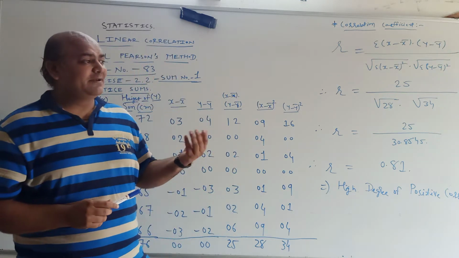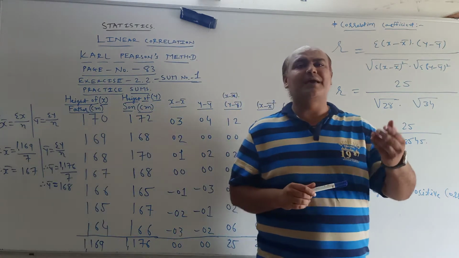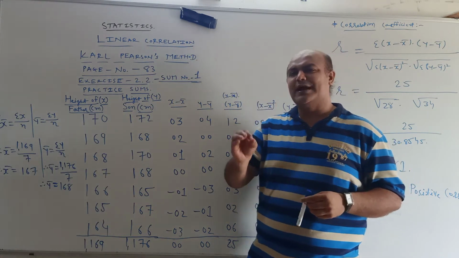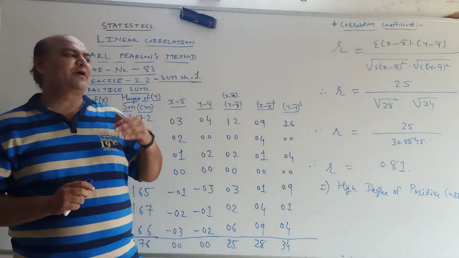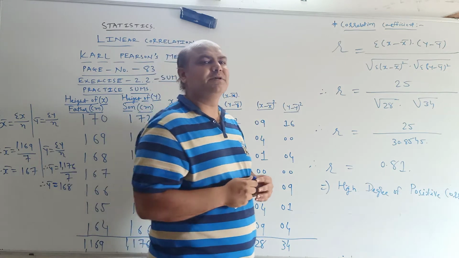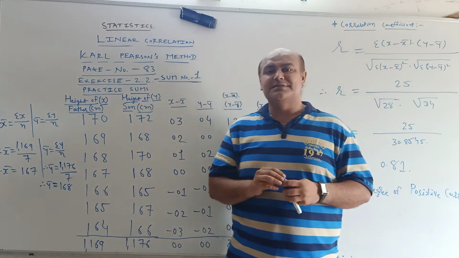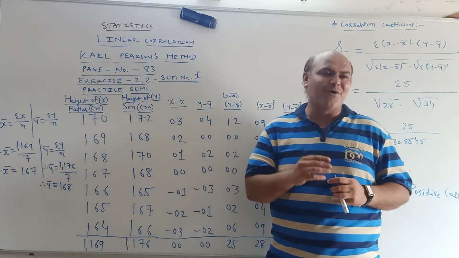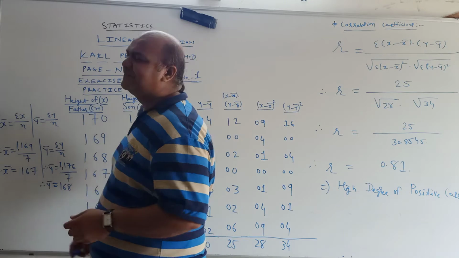So even in one sum, if you apply the xy method instead of the x minus x bar method, you get the same answer. If you apply the UV method in place of the xy method, the answer you get is also the same. So this is good news for you all. Now let's move on to today's sum.